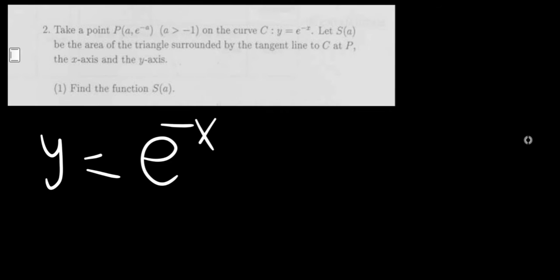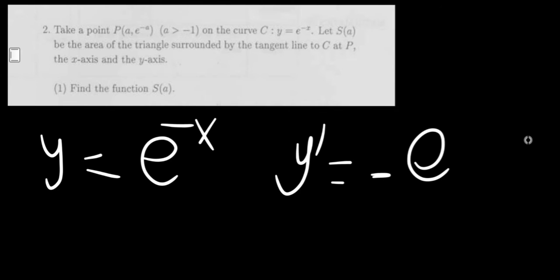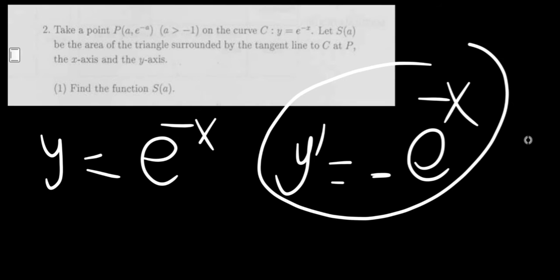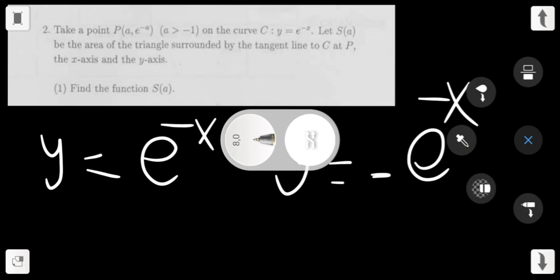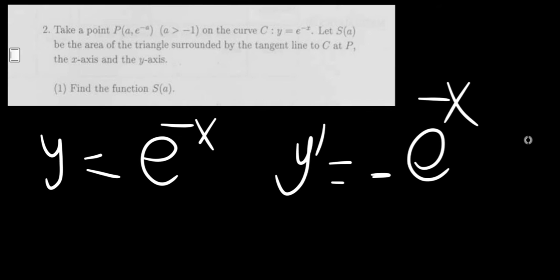Our curve is y equals e to the minus x. The derivative of this is y prime equals minus e to the minus x, right? This is our derivative of this function. Really simple.